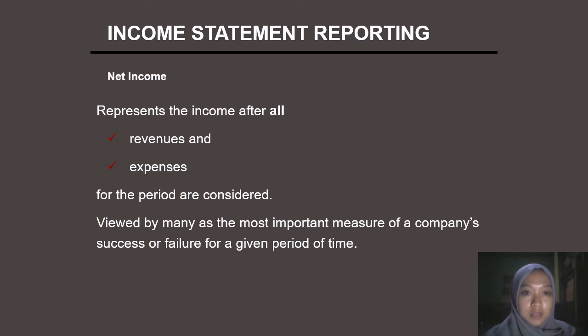Income statement reporting: net income. Net income, also called net earnings, is calculated as sales minus cost of goods sold, selling, general and administrative expense, operating expense, depreciation, interest, tax, and other expense.